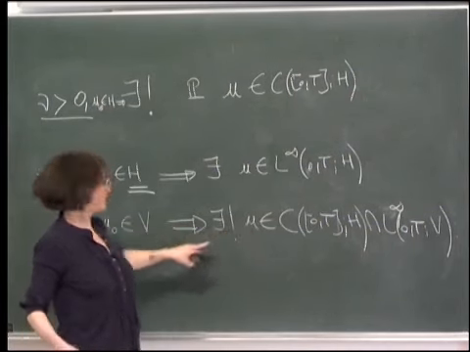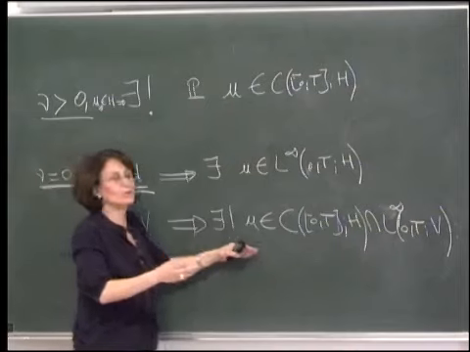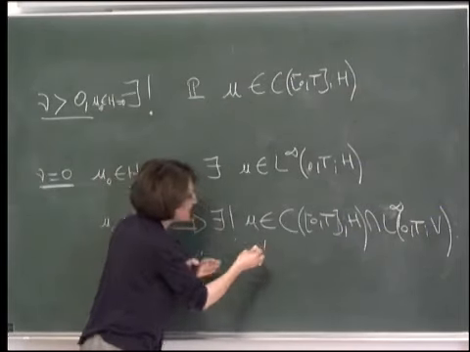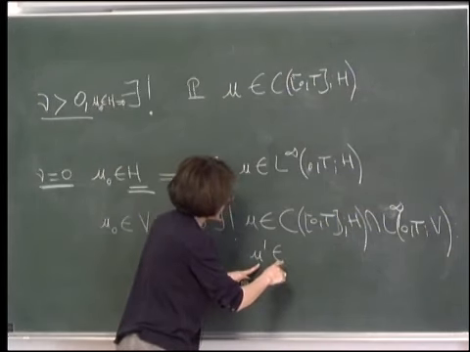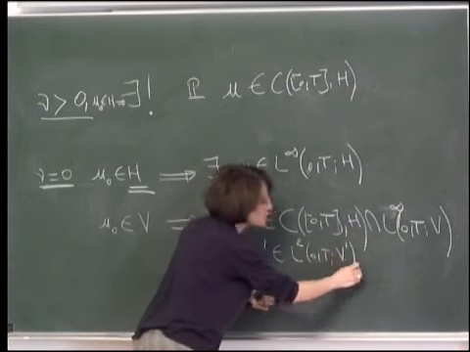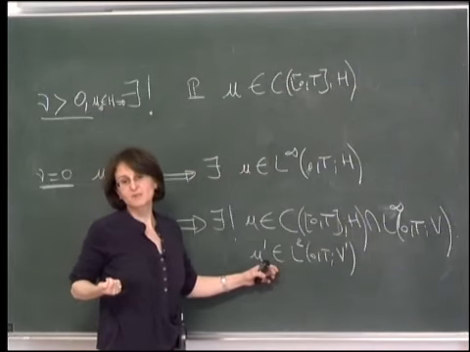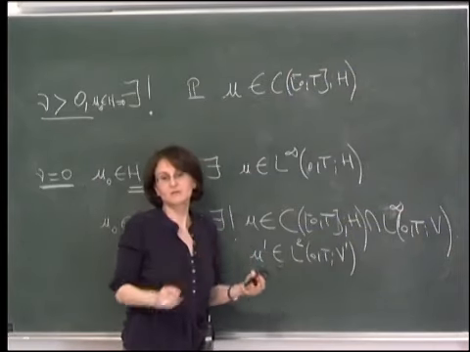Yes, but the only condition I need is this. As a consequence, you can have more. U prime will be in particular in L2, 0 to T with values in V prime. But it's not an assumption. You will get it automatically from the equation.